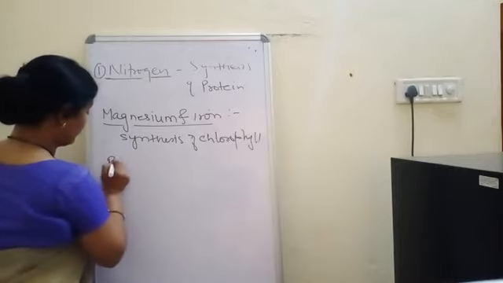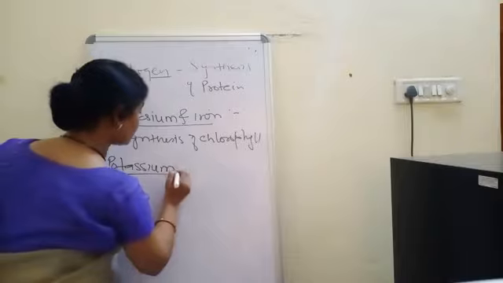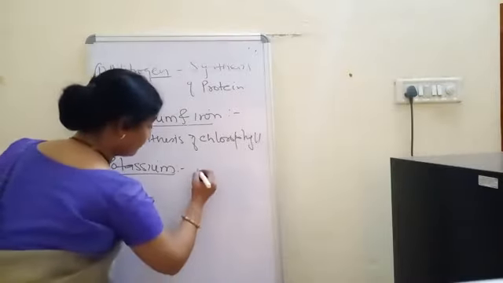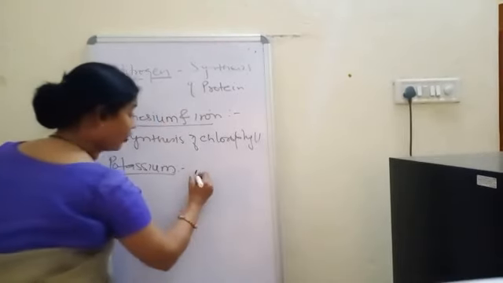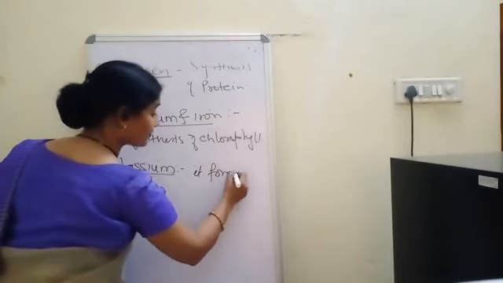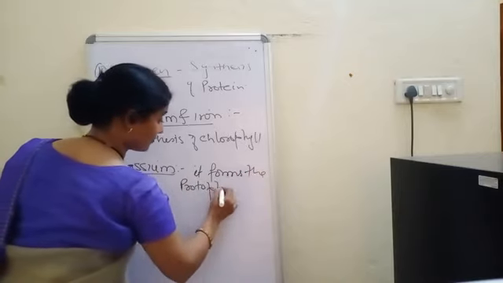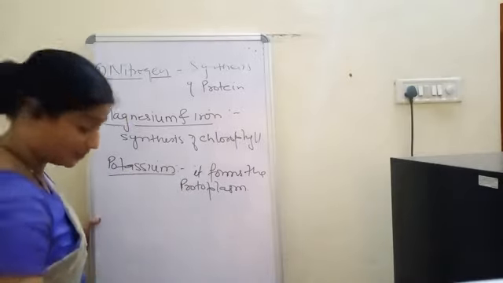Next is potassium. Potassium is also a mineral. It is required by the plant as a constituent of protoplasm. It forms the protoplasm. In class 9th only you all have read about the protoplasm.